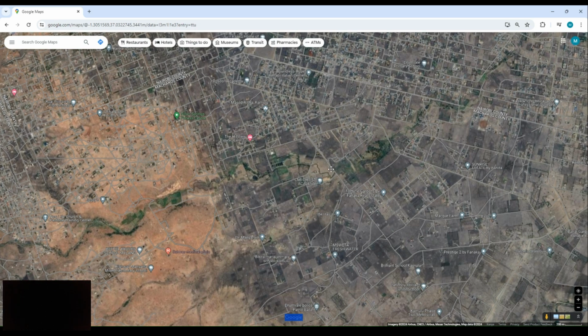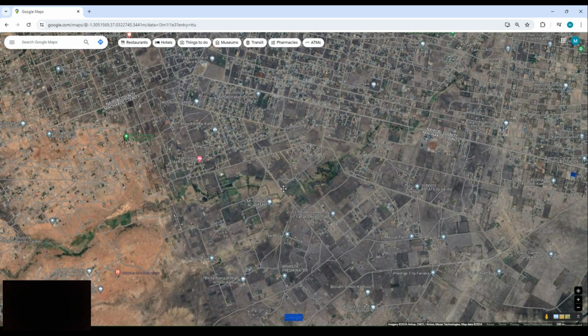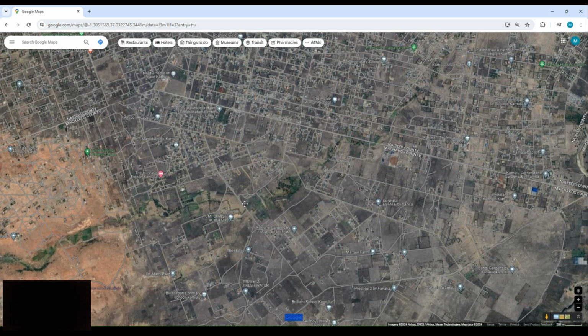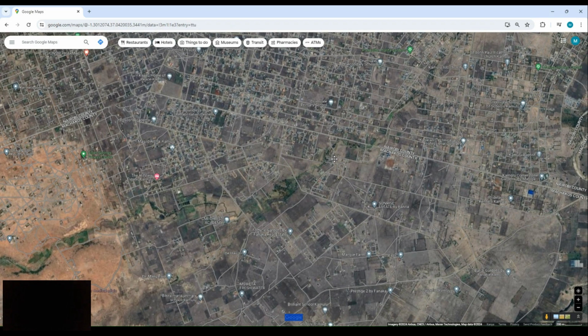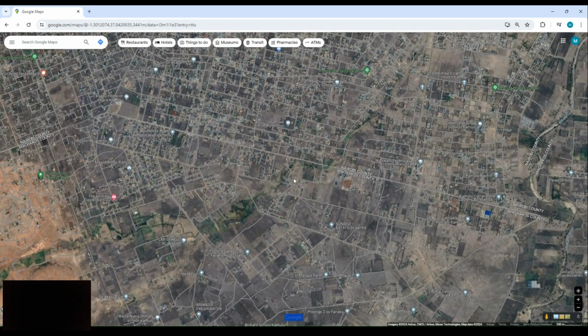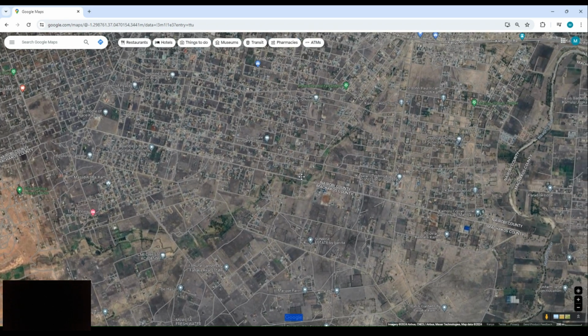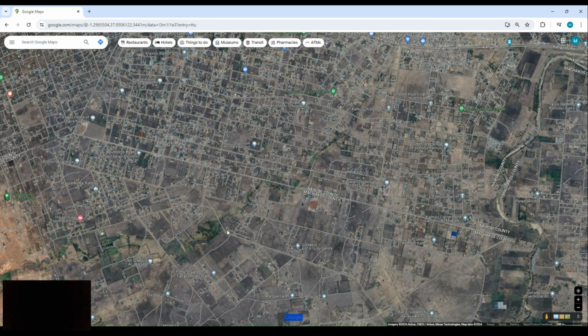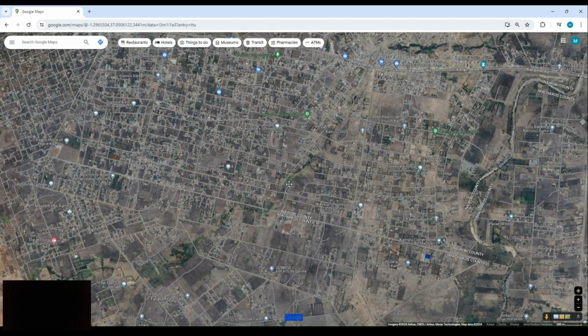And so you can also tell that into Kamulu you have this area being very densely populated. And as you look, you can see that it slowly fades.